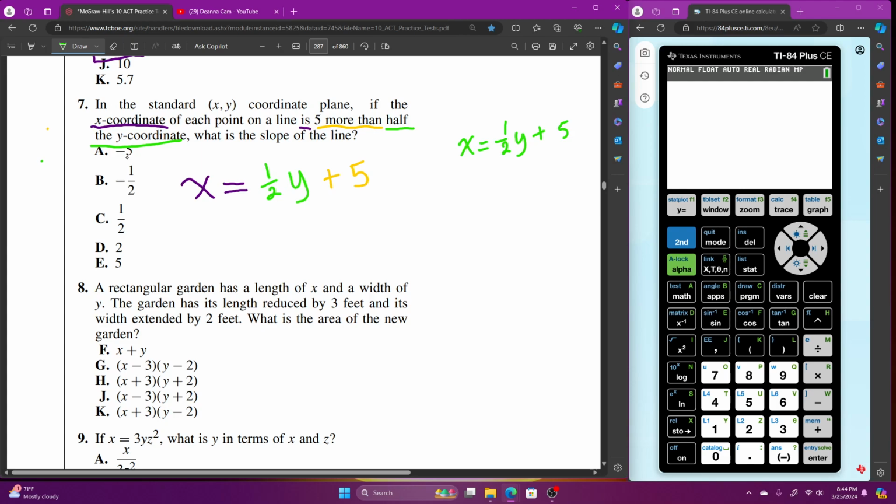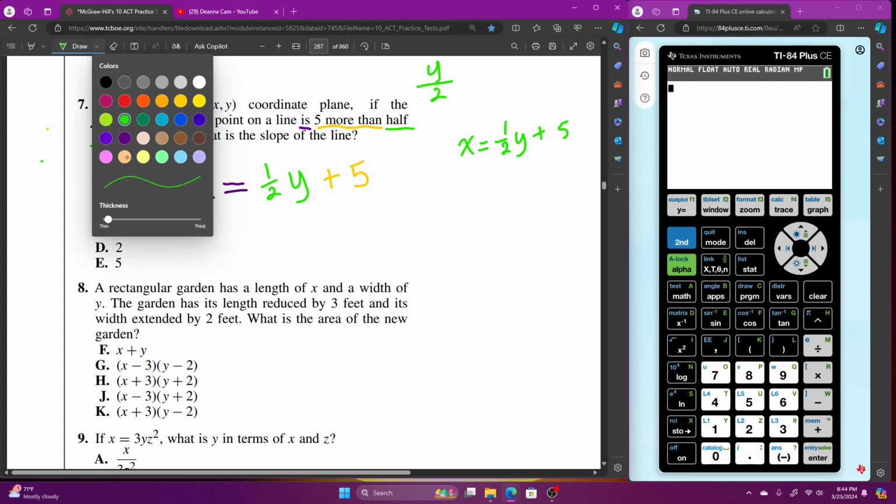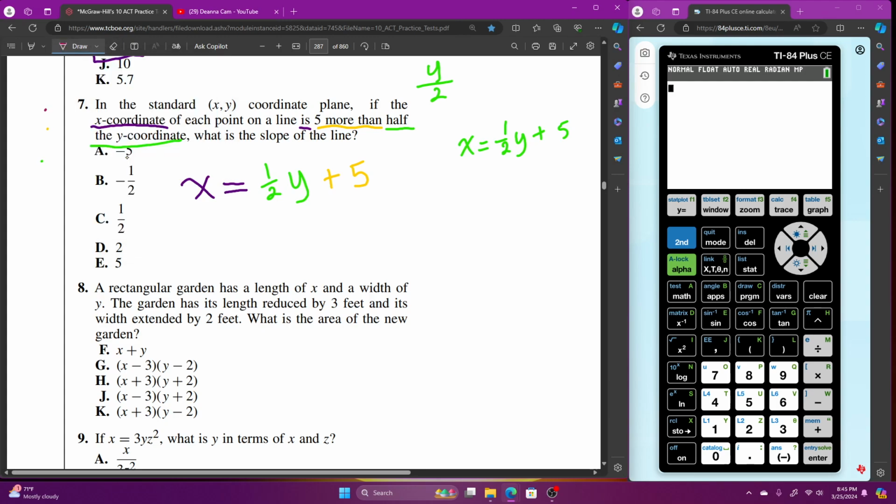You can either get rid of the half first, right? What does that half of y mean? It means y divided by 2, right? What's the opposite of division? Multiply. So I can start by multiplying everything here by 2 for my first step.